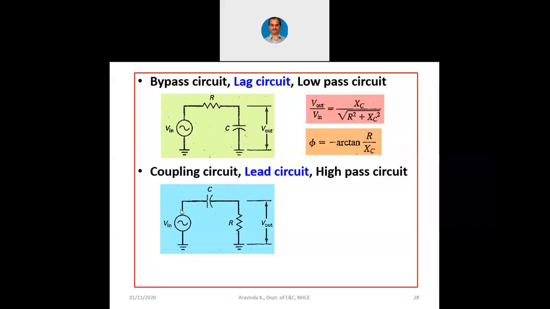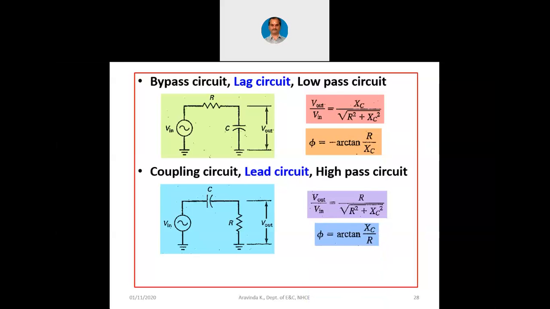But for low frequencies, the capacitor will offer higher reactance. So low frequencies will be partially blocked by the capacitance. High frequency will be passed through the capacitance. That's why it is called a high pass circuit. And it is called a lead circuit because in this case, the angle will be leading instead of lagging. That is again because of our mathematical analysis.